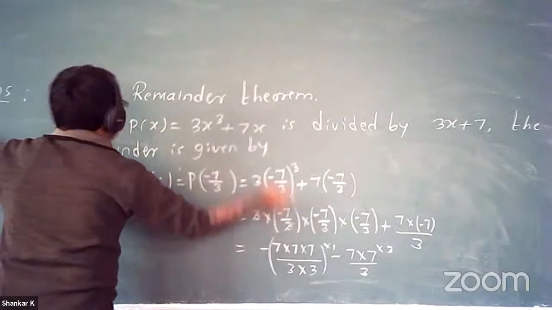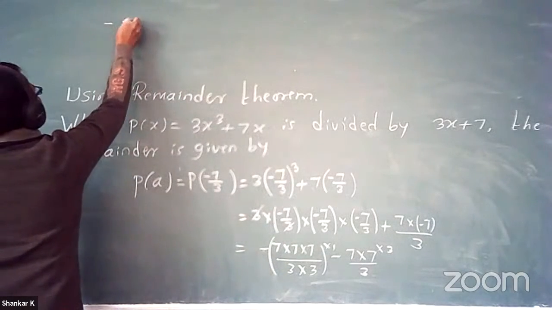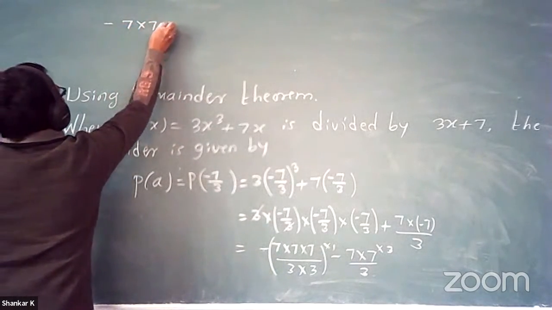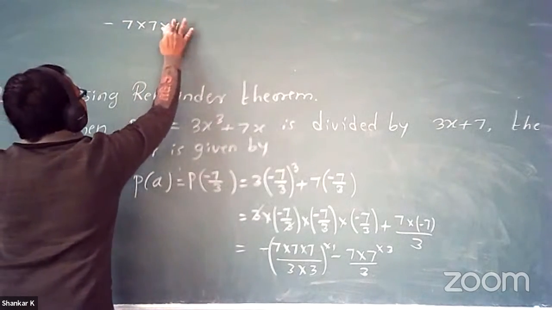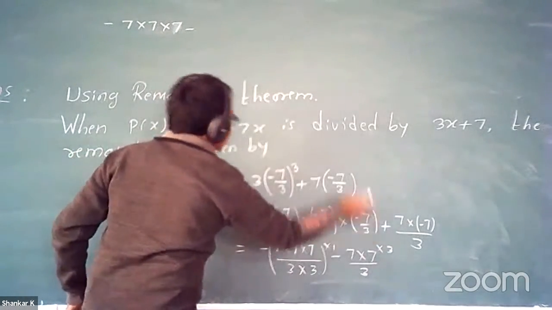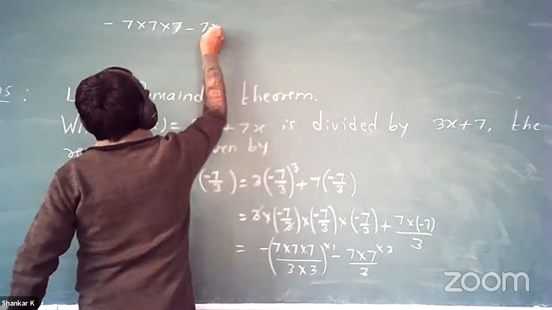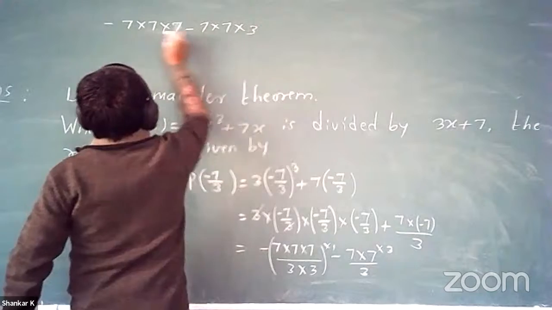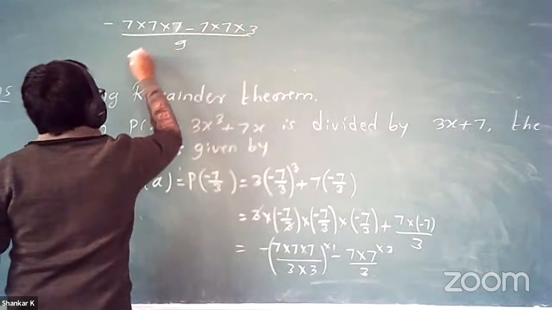So here minus 7 into 7 into 7, and here 7 into 7 into 3, all divided by 9 LCM.